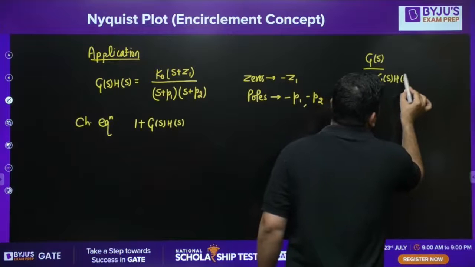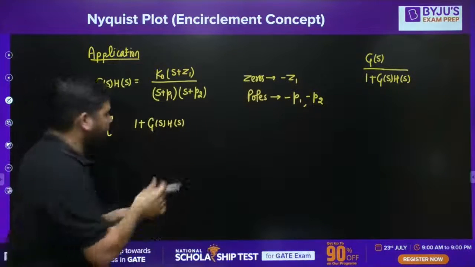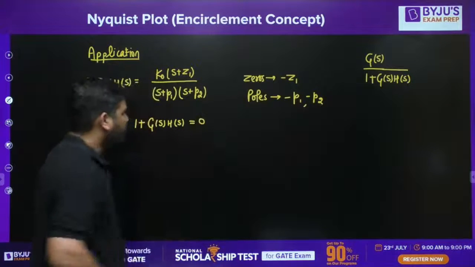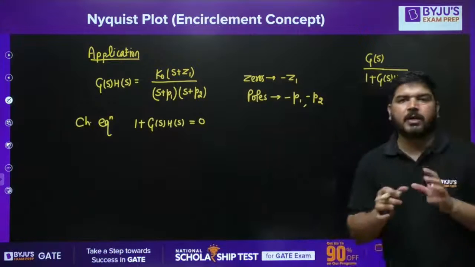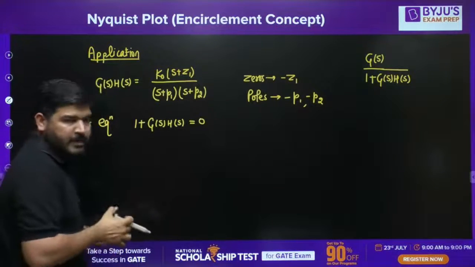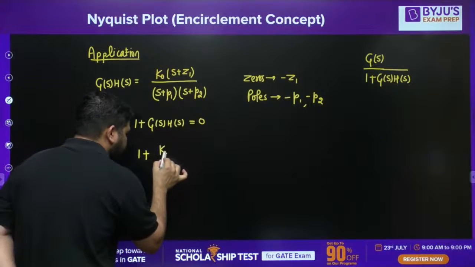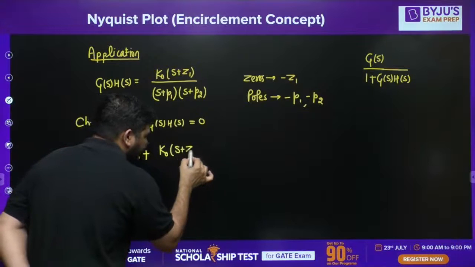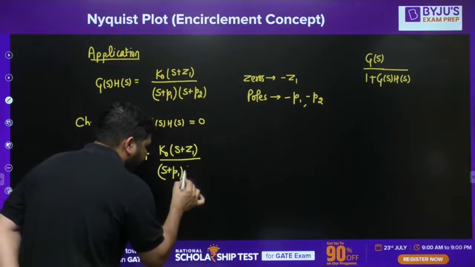And to find the closed loop pole locations, you have to write the characteristic equation. This is my characteristic equation, and the roots of this equation will be the poles of the closed loop system. Now if I simplify this characteristic equation and put this value, it will be 1 plus K naught into (s plus z1) divided by (s plus p1) into (s plus p2).